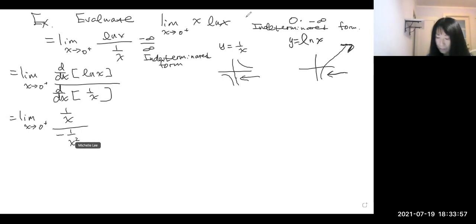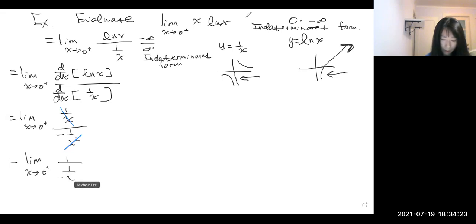Now we can simplify, so x with 1 over x there, right? So we will get 1 over 1 over x, negative x, right?